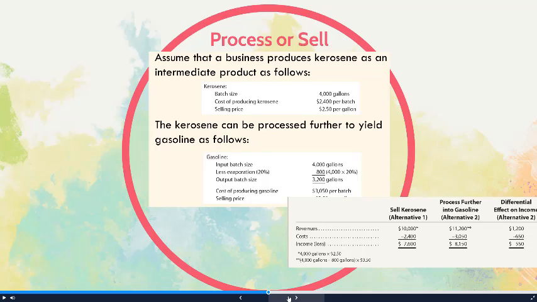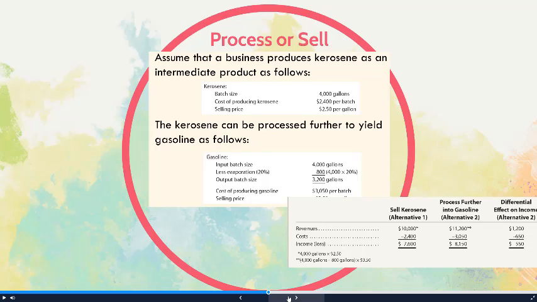Now, looking at processing it further, we have to consider some additional costs. Originally we have 4,000 gallons of kerosene, but once we turn this into gasoline, 20% of that evaporates. Therefore, we only have 3,200 gallons that would produce gasoline. We take 3,200 times $3.50 to get our revenues.